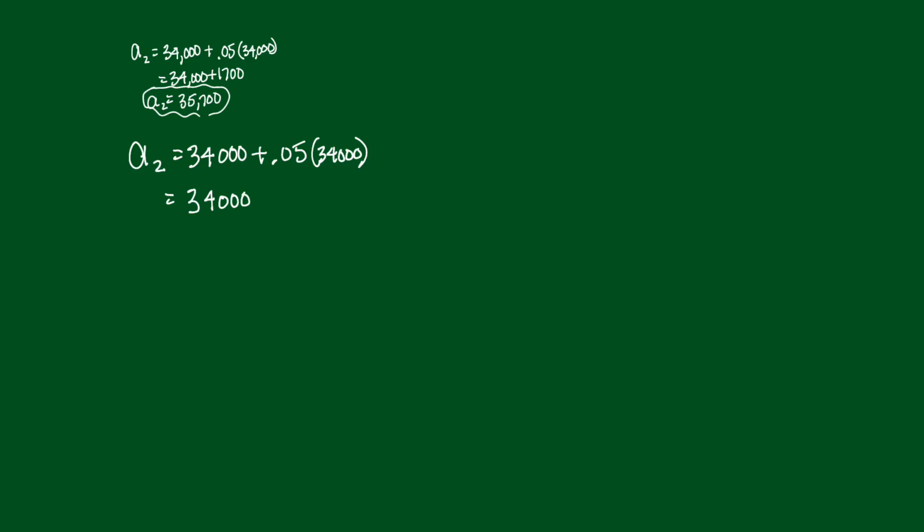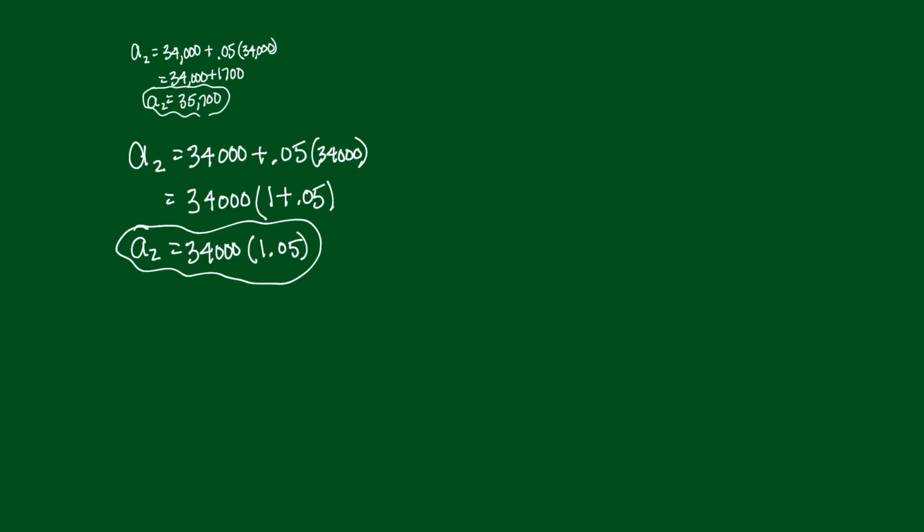If you take out 34,000, what would you put here? 34,000 times what gives you 34,000? Well, that's a 1 plus. Now, you had a 34,000 here, but you removed it. So what's left here is 0.05. So A sub 2 turns out to be 34,000 times 1.05.